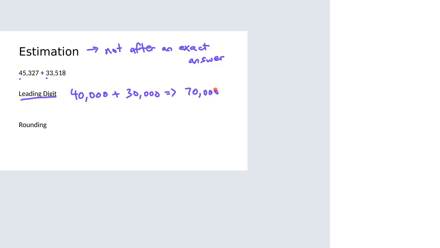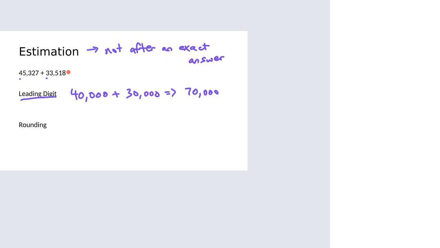One thing I want to say about leading digit estimation is you'll notice we're just kind of dropping everything but that first digit. So it's always going to be smaller than the actual amount because we're dropping all the place values after the first one.